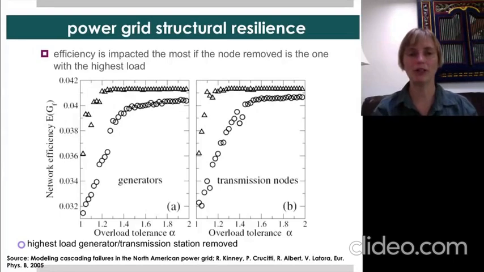So hopefully what you saw was that increasing the average capacity just 30% or 40% above the typical load, what we call the initial load, would render the network relatively safe to the random and even targeted failure of a particular node. Now, why did in the past these cascading failures occur?